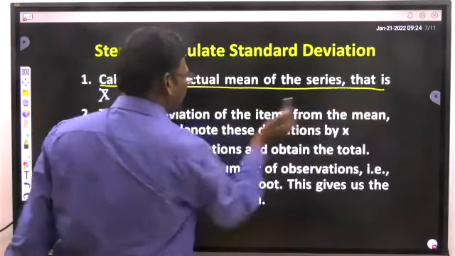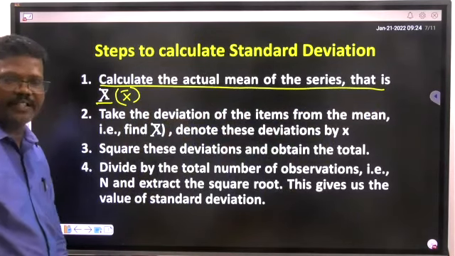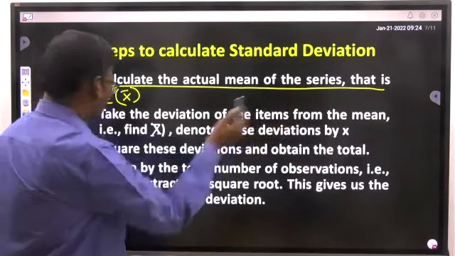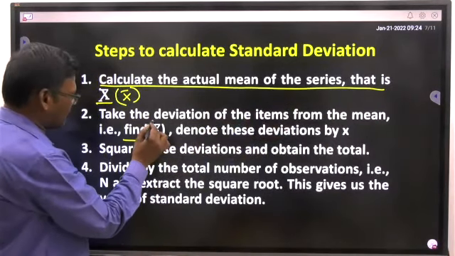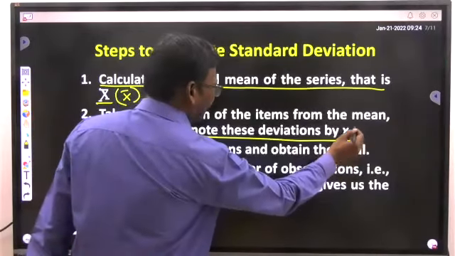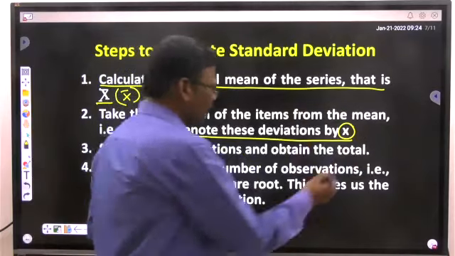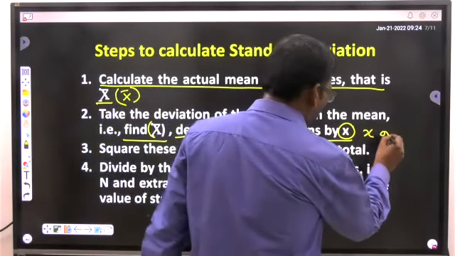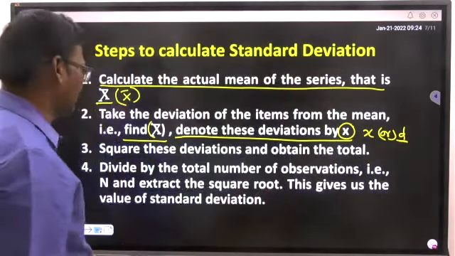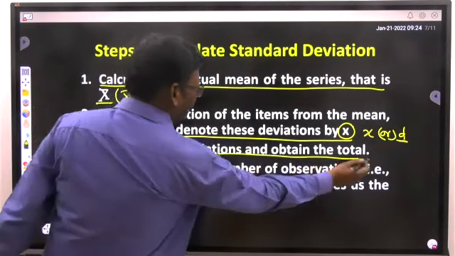actual mean of the series, that is called x bar. Take the deviation of the items from the mean, that is from x bar, and denote the deviation by x or d. Either x or d we can take. Square these deviations and obtain the total.